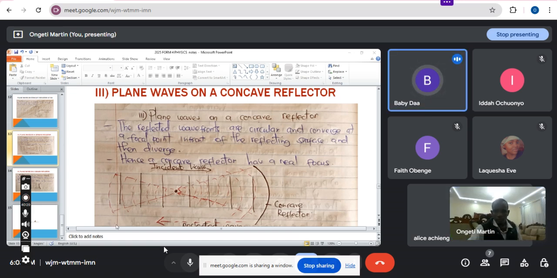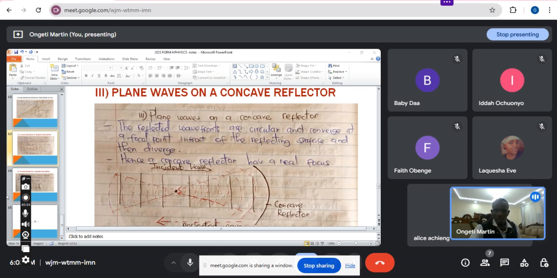Hence, a concave reflector has a real focus. Yes, so the reflected wavefronts are normally circular and then they converge at a focal point in front of the reflecting surface and then diverge.